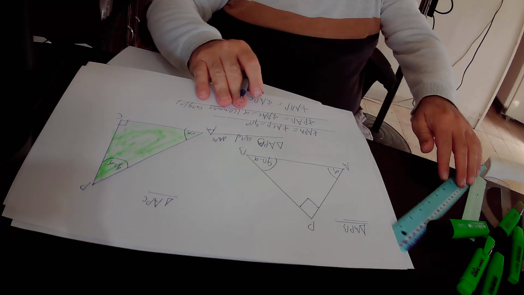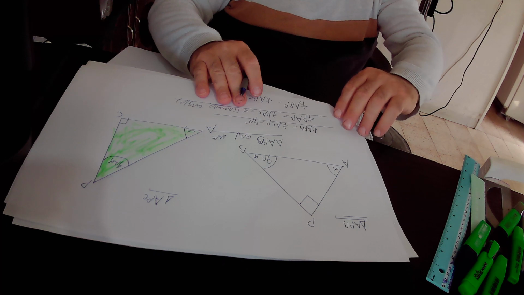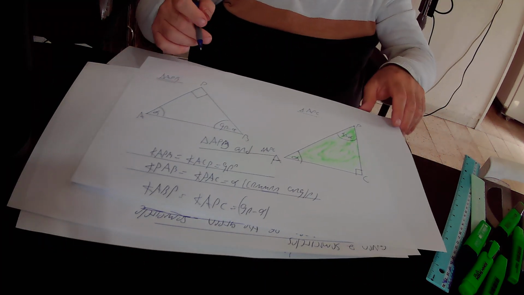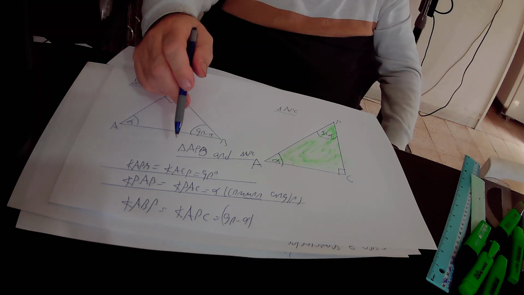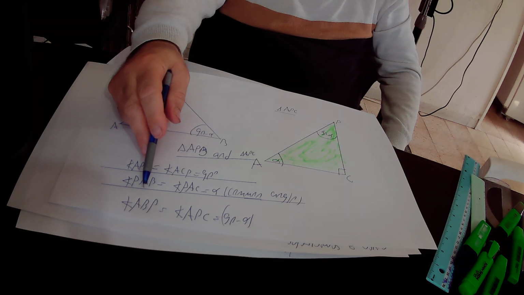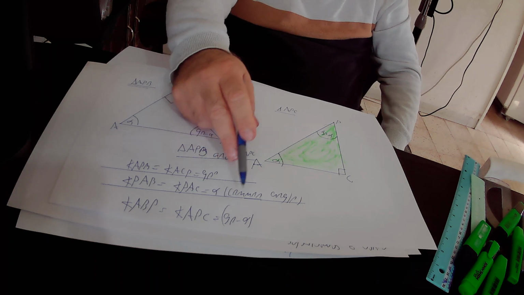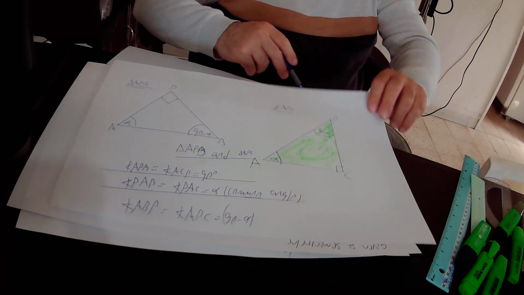Repeat again, angle ABP in the right triangle equals angle APC in the green triangle. They are both equal to 90 degrees minus alpha, therefore they are equal to each other.